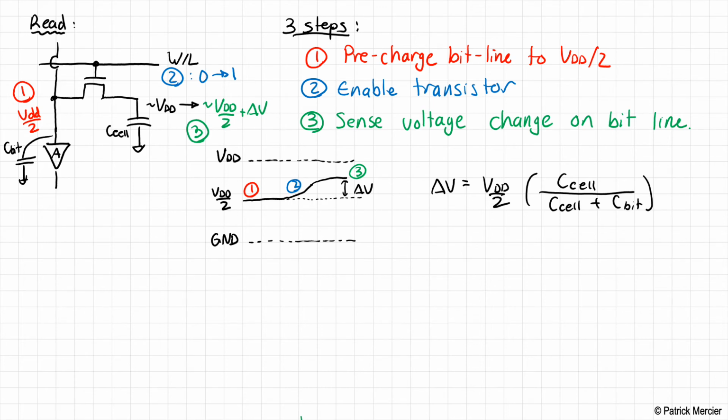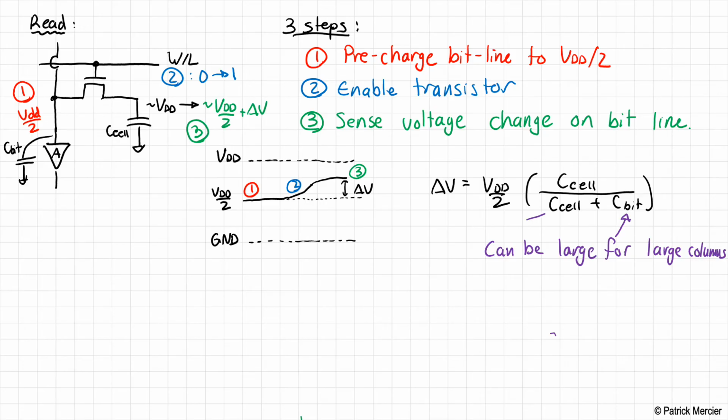It's easy to derive this. Q equals CV. Charge must be conserved during this process, and so you can easily derive what goes on here. But I'd like to make a few remarks. The bit line capacitance can be large for large columns. If we have a large column, bit line capacitance can be very large.